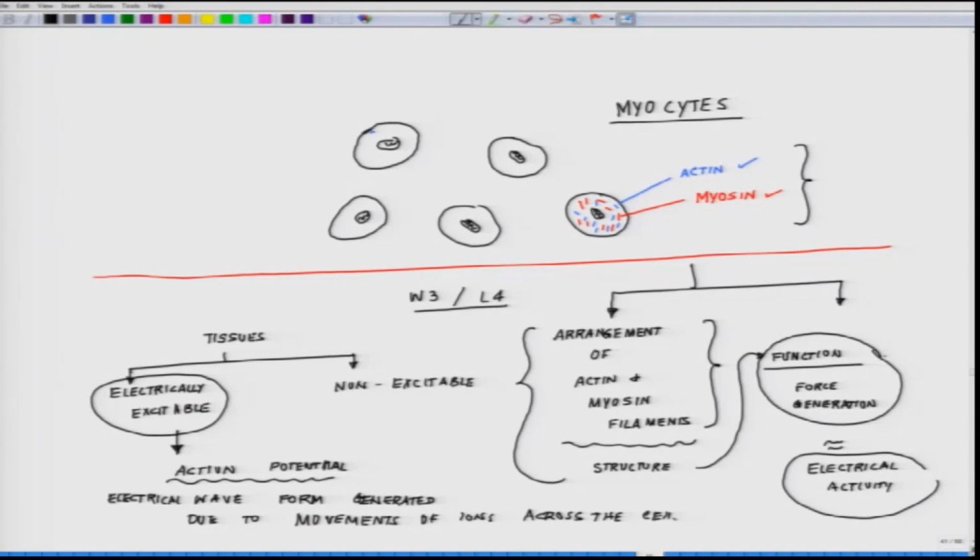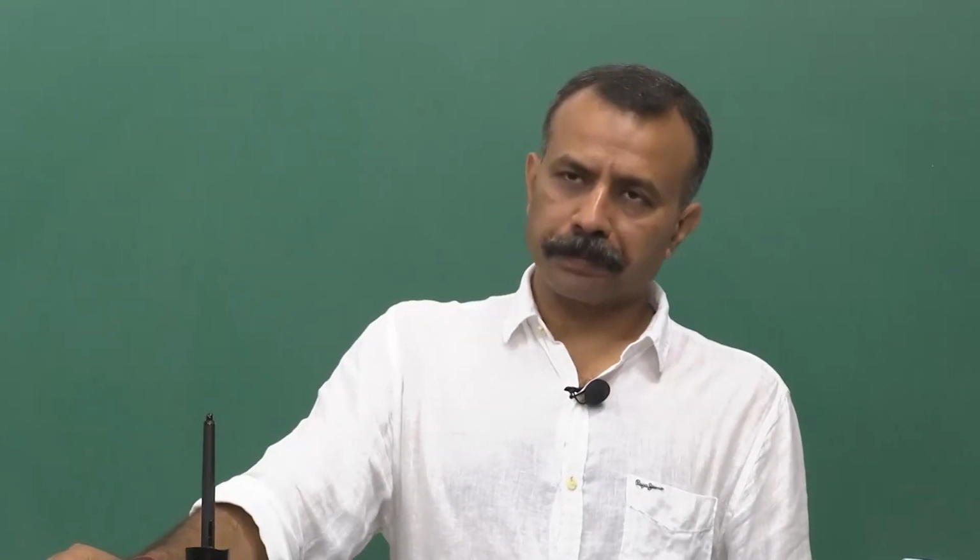I will come to that later. We are not going to talk about this action potential at this stage, because as soon as we introduce the nerve tissue, we will have to come to that.